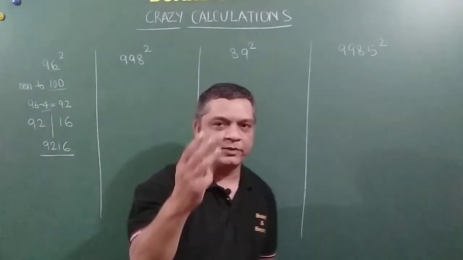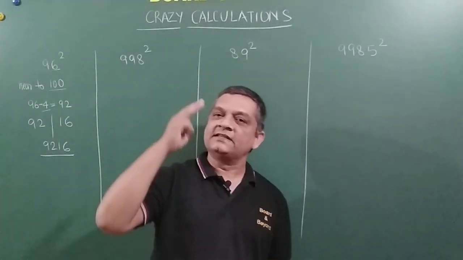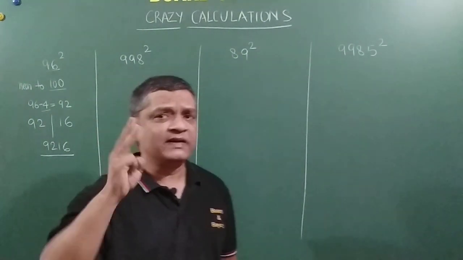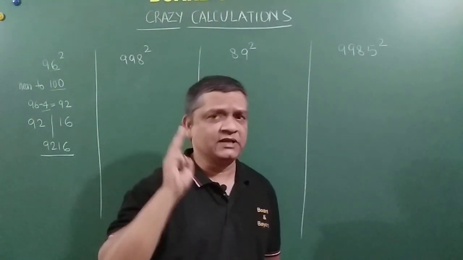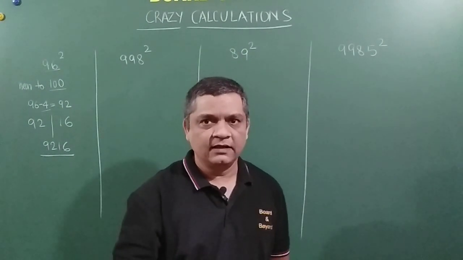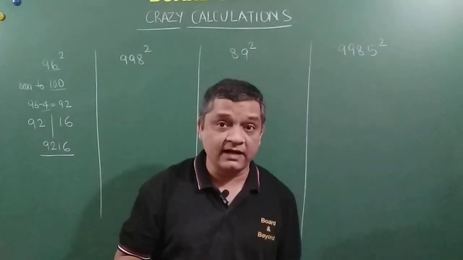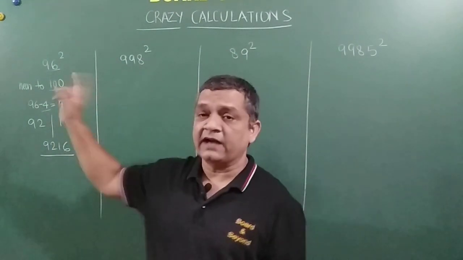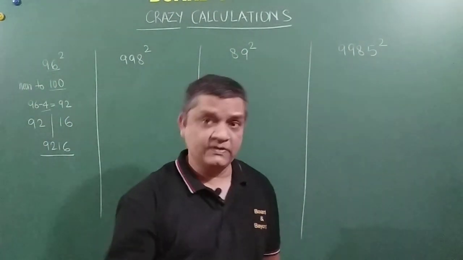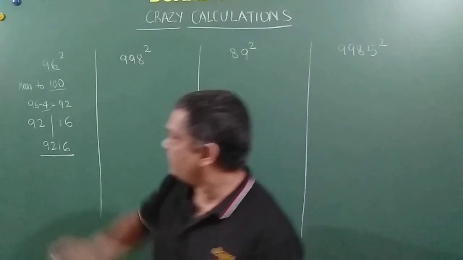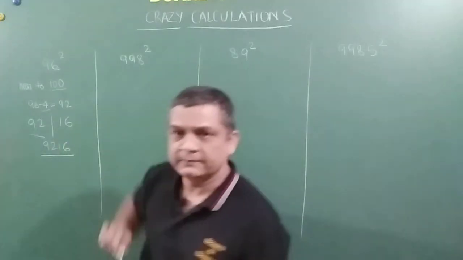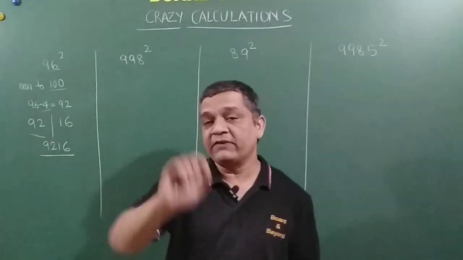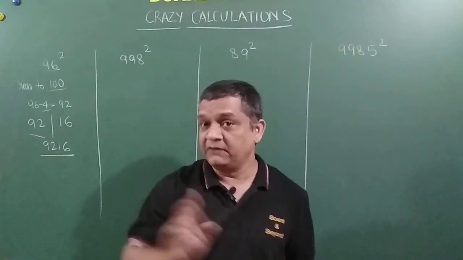There are 3 important points. Is it nearing 100, 1000 or 10,000? If it is nearing 100, that means the base is 100. Then how much is it lesser than 100? 4. So we will subtract 4 from 96, which gives 92, which will form my left hand side. For the right hand side, whatever we have subtracted, we will square that.